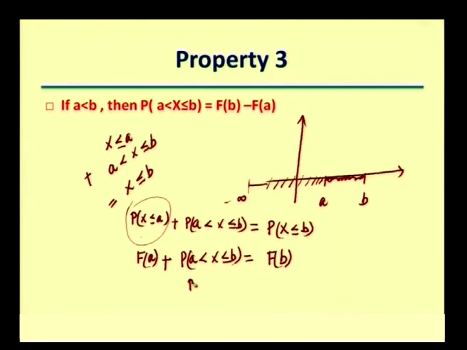So ultimately p of a less than x less than or equal to b is equal to F of b minus F of a. Hence proved. Clear?